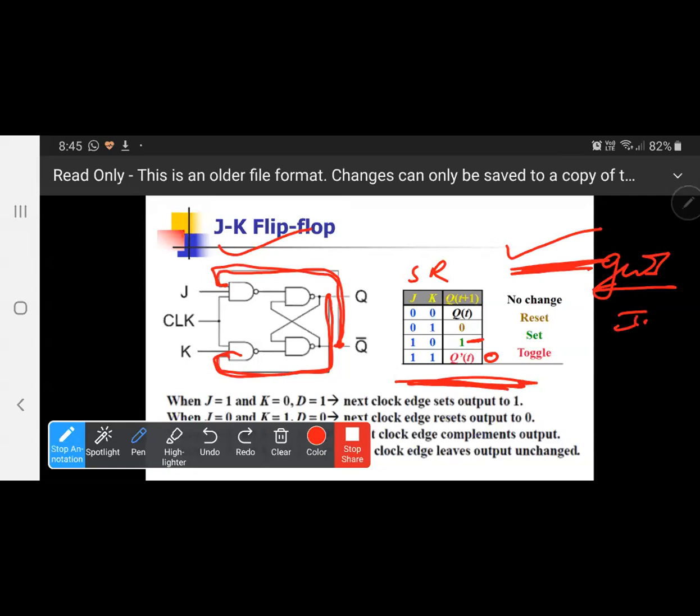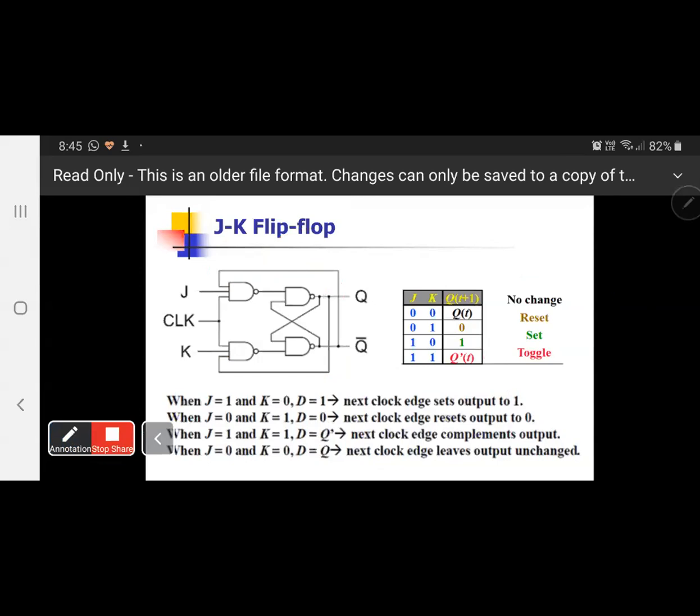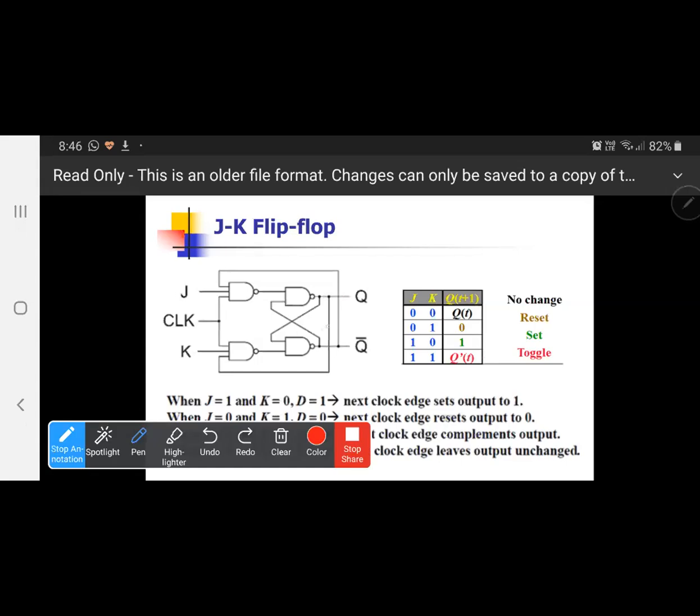Clear or not? Clear. Miss, in the exam, will you mention whether it is JK or SR, to differentiate between the truth tables? Yes, you should always know the truth table of each. Look, if I draw this circuit and I didn't mention Q, J, and K, and I ask which circuit is this, what will you say?